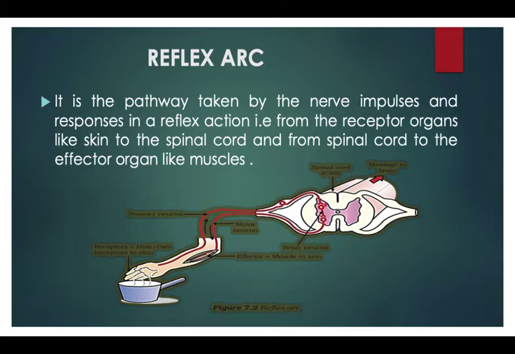The relay neuron is the neuron which joins these two parts, and it will relay the information towards the brain, as well as connect the spinal cord with the motor neuron.